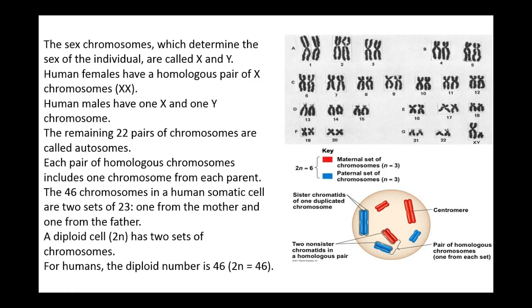And so the remaining 22 are autosomals. And that's basically because they are similar. Your book actually does a really nice description of this, saying with regard to the autosomal chromosomes, I don't want you to think they're exactly the same because you're getting one from your mom and one from your dad, but they line up the same.